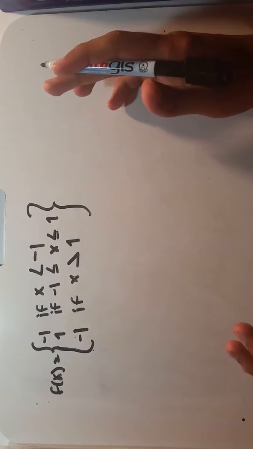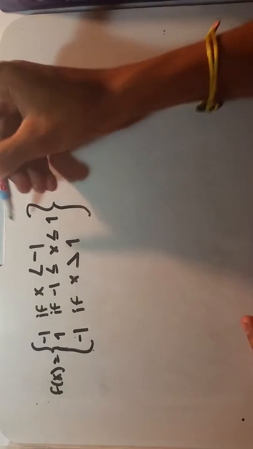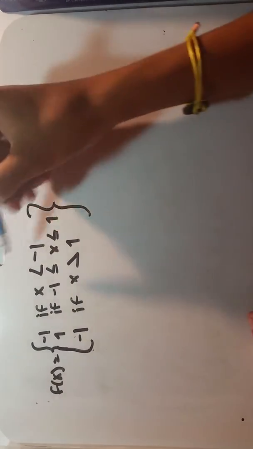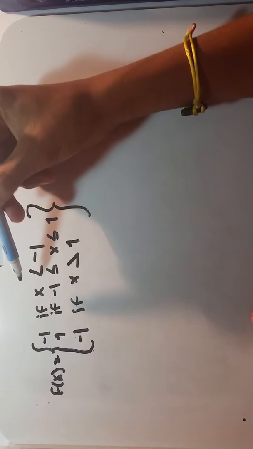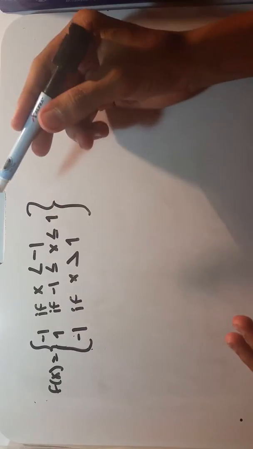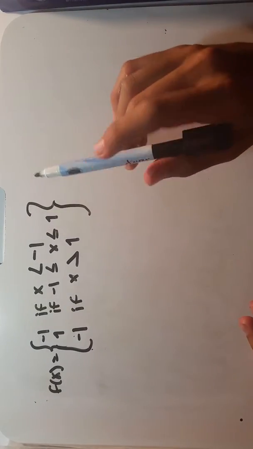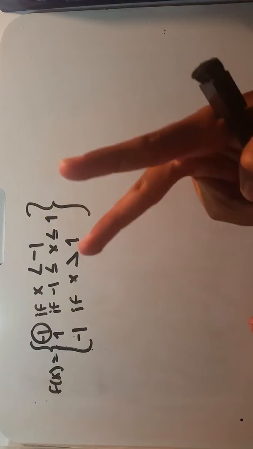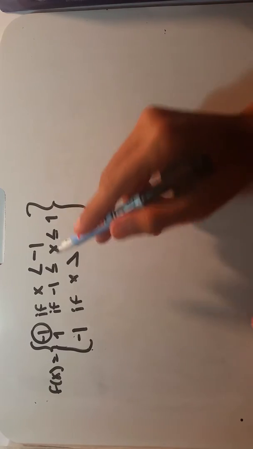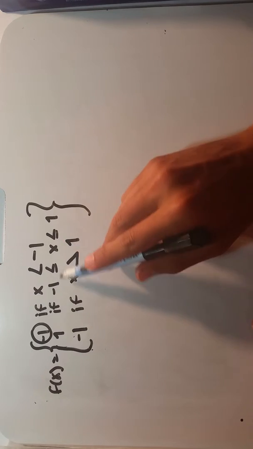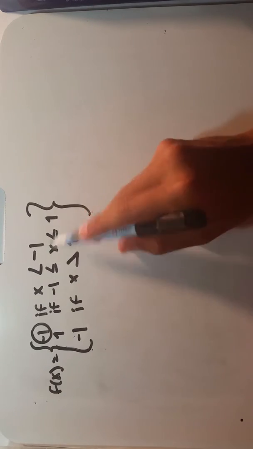In this exercise, we can see that we have a 3 piece function. In the first function, we have that x is less than -1. So this means that all the values in y are going to be -1. In the second function, we have a perfectly well-defined piece of the graph between two limits.